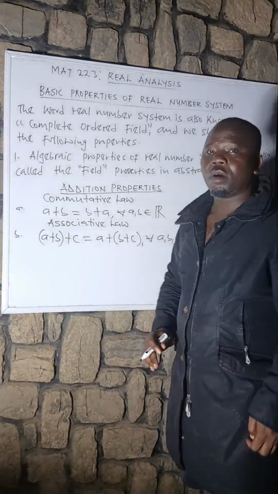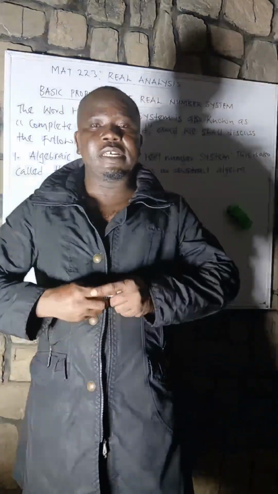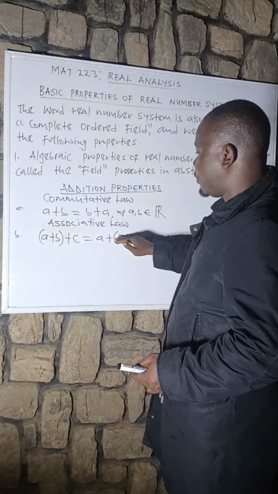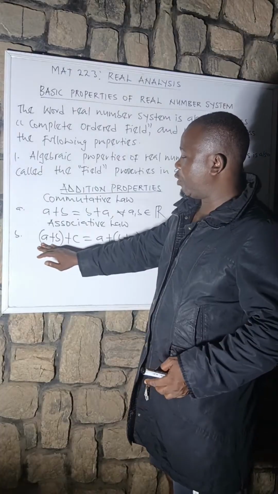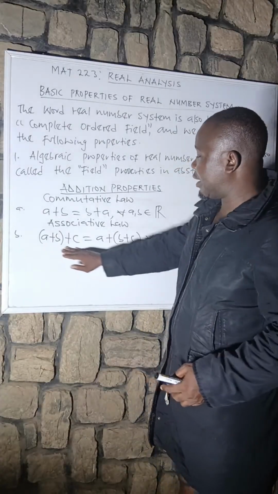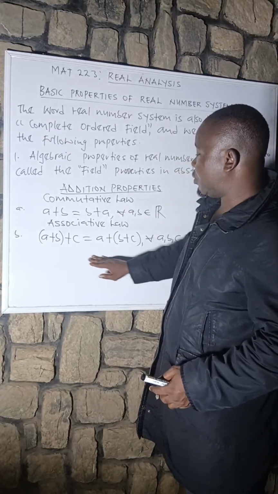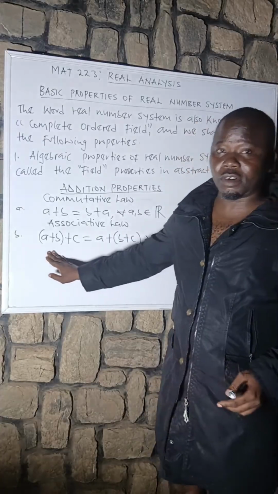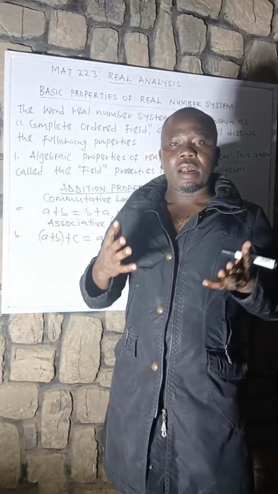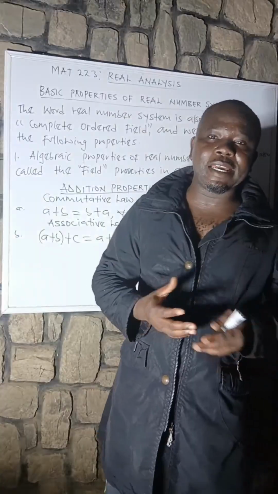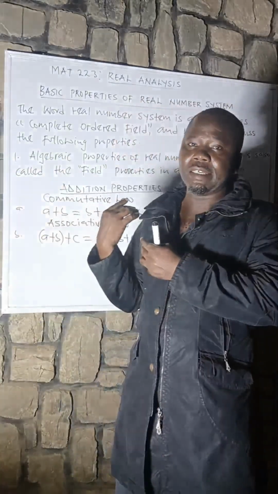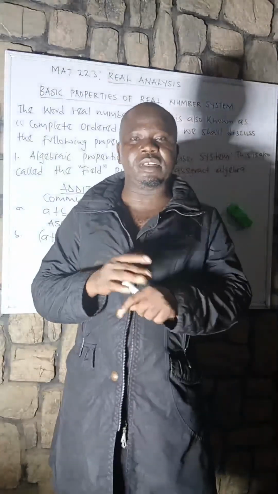Are you following? Let me explain associative law. Here we are able to represent it in algebraic form, mathematically. So now in real life, we do make use of associative law, like the commutative law I have explained earlier.